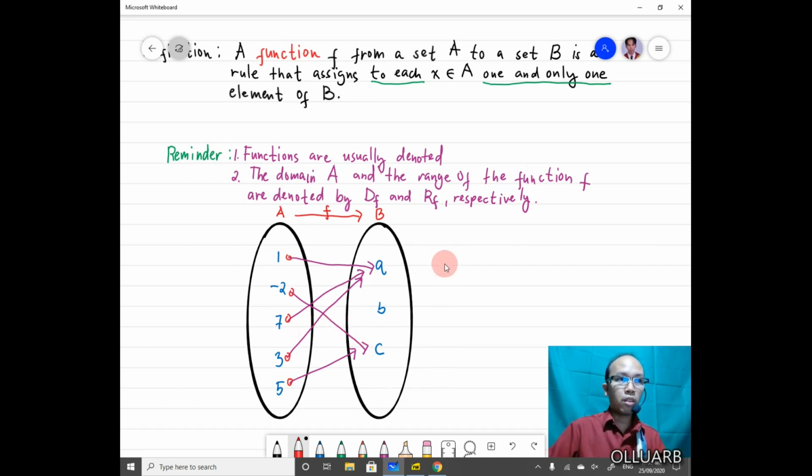A relation allows one to many, but the function never allows one to many. That's the difference between a function and a relation.